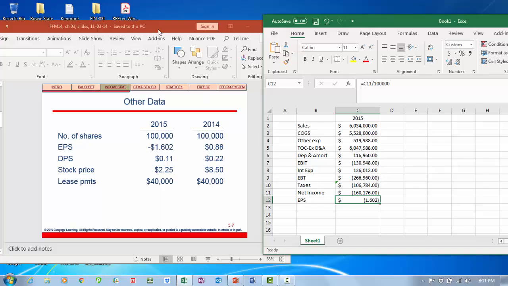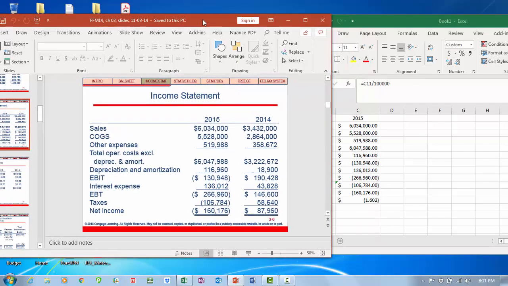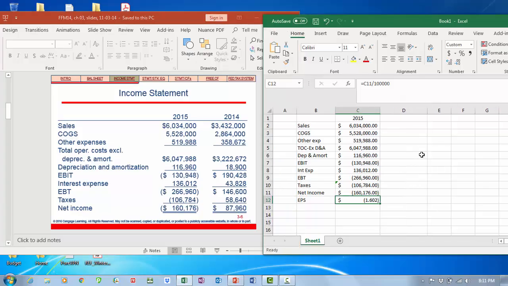Just to show you in comparison for 2014, if we go back, the net income here was 87,000, and you can calculate that for practice, but just to show you, we arrive at this figure at 87,960, which was positive.